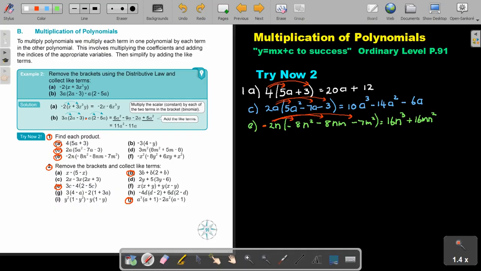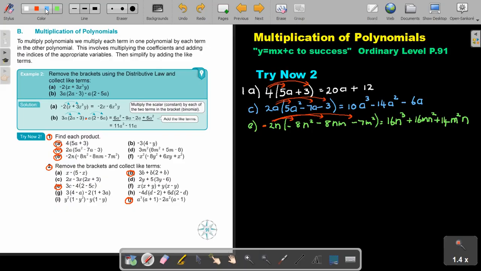And then a negative times a negative is again positive, and that's going to be 14m squared n. And if you look at this, you see there's m to the power 1, there's m to the power 2. So it's not like terms. So this will be your final answer.